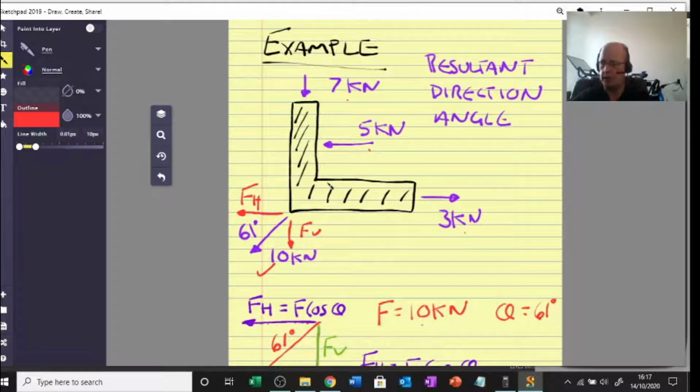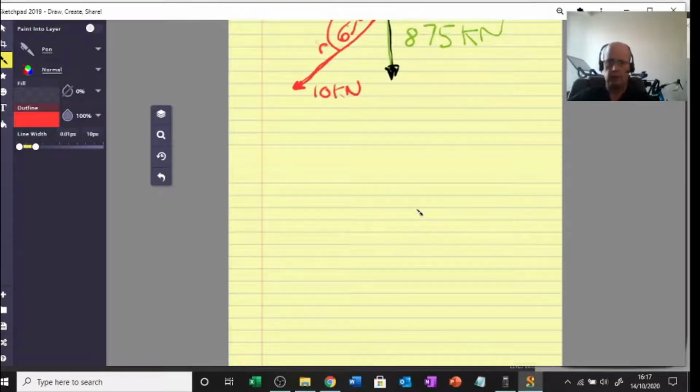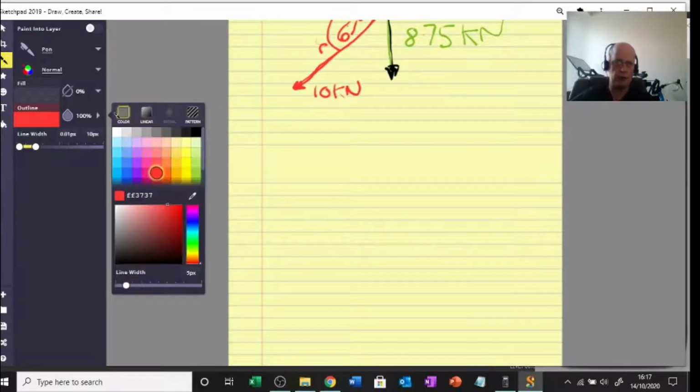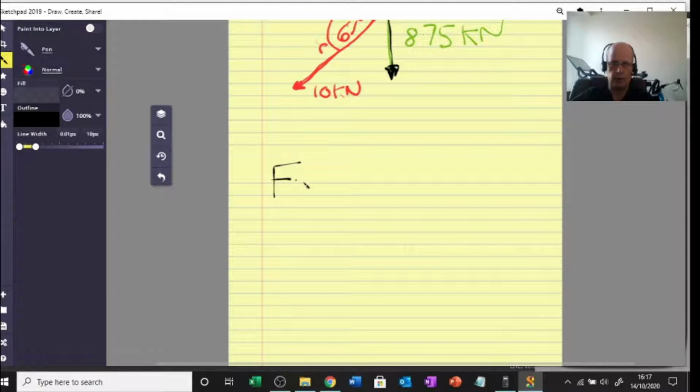So what I'm going to do now is add them all up. I'm going to add this one, and these ones, and these ones. I'm going to create a grid, horizontal and vertical. Bear with me. You haven't got to use a grid like this, it's just that I do.